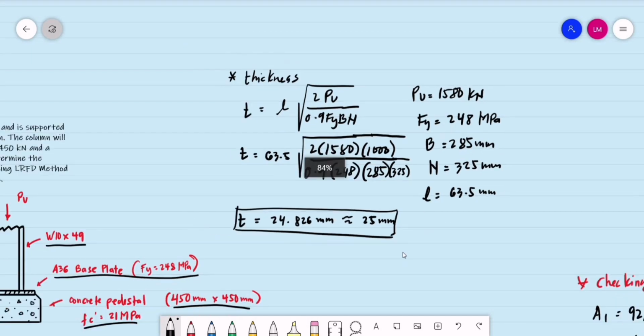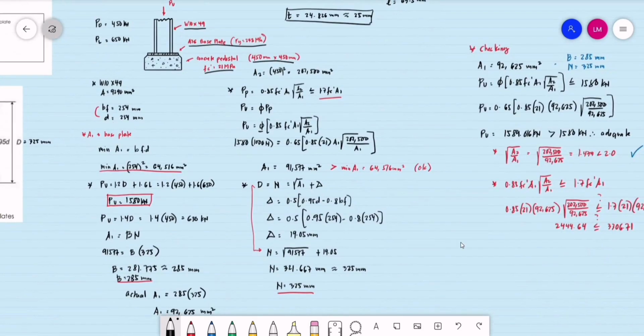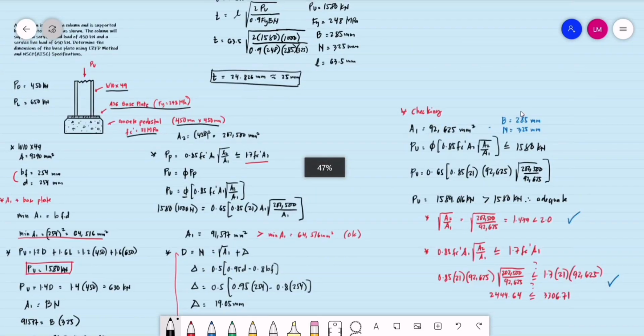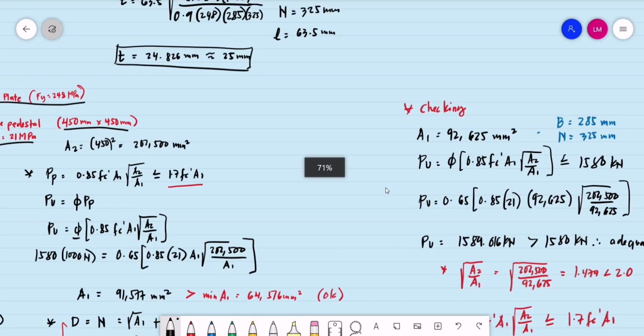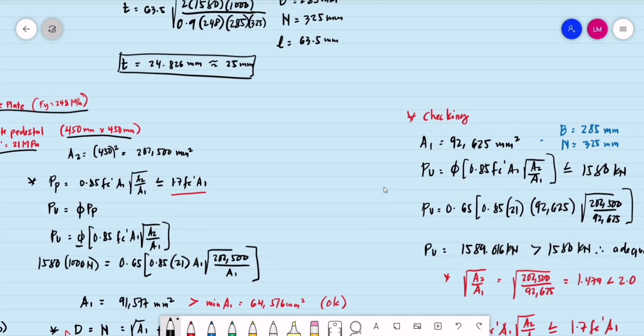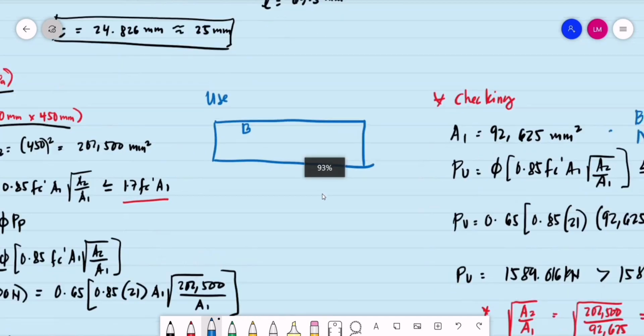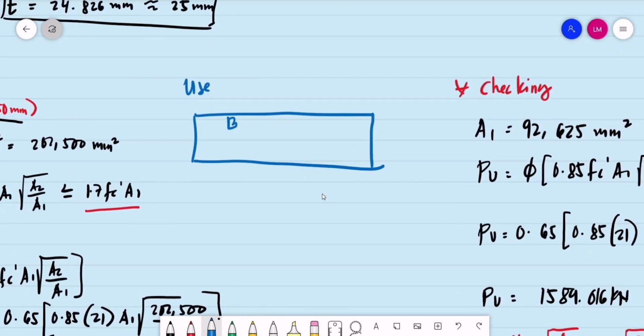Then for our conclusion, we are now to use a base plate. We are to use B by N by the thickness.